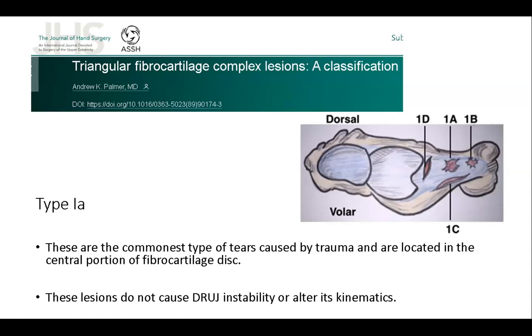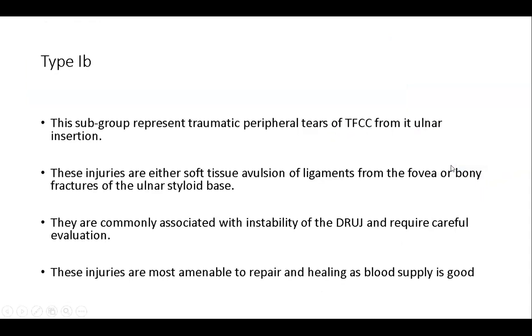Type 1A is the commonest type of tear and is located centrally in the fibrocartilaginous disc. These lesions usually do not cause any DRUJ instability. Type 1B, this subgroup represents traumatic peripheral tears of the TFCC from its ulnar insertion.